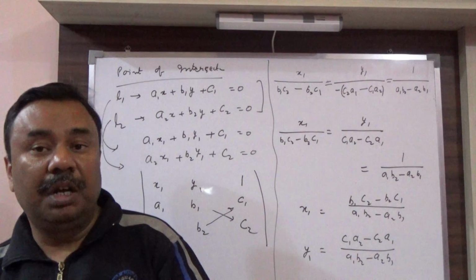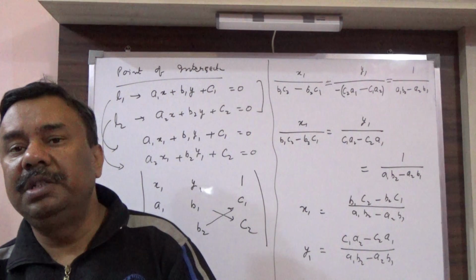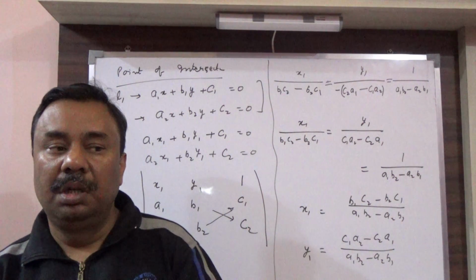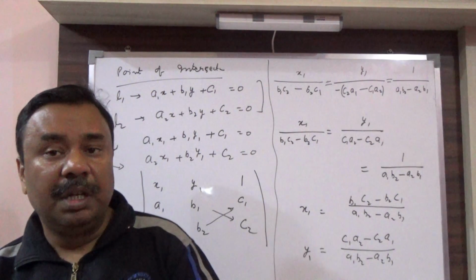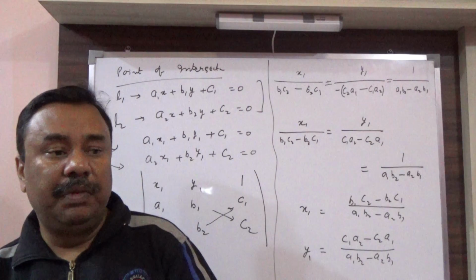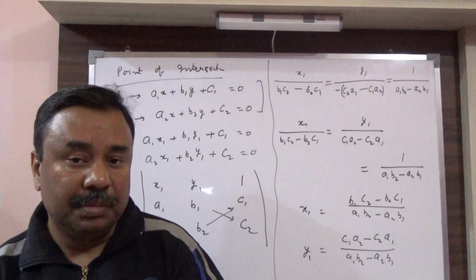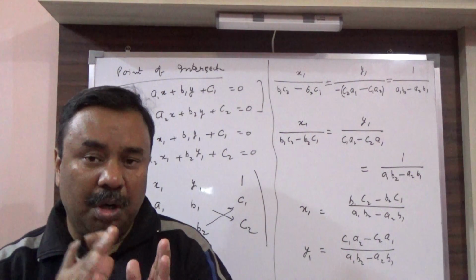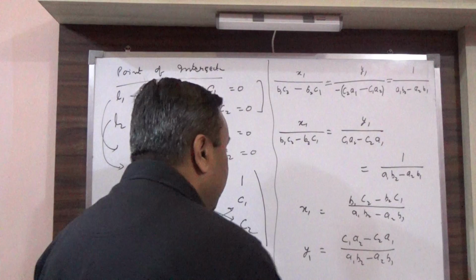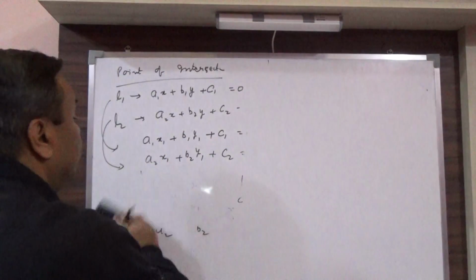What do you mean by concurrency? That means all these three lines are passing through one single point. Otherwise they will be making a triangle only. If the triangle becomes very small, they can say that. See, I will try to explain it with the help of a diagram.